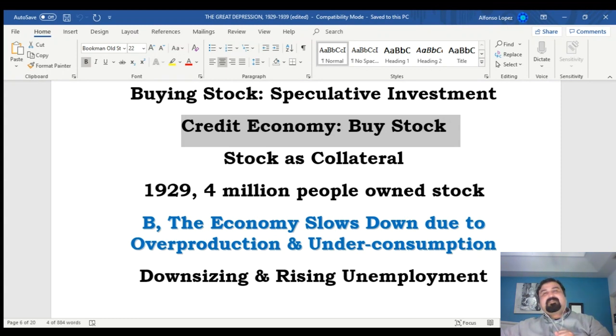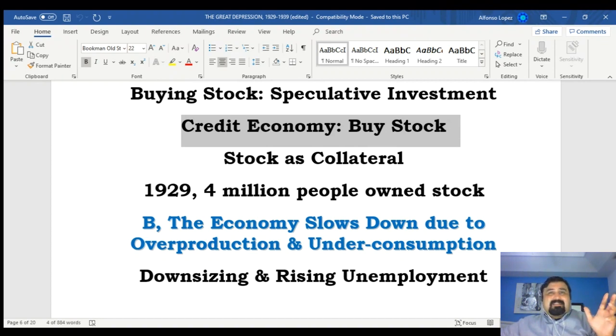In other words, look, you can buy stock on credit. Why not? There are financial institutions, there are banks, for example, that are willing to loan money to investors, people that want to buy shares, stock in American industries, American enterprises that are members of Wall Street, for example. And there's the opportunity of doing that.